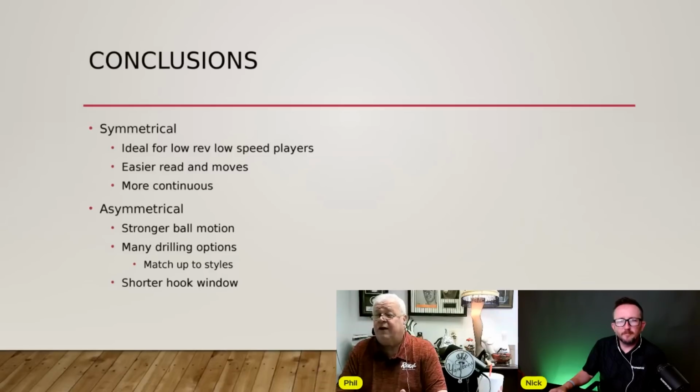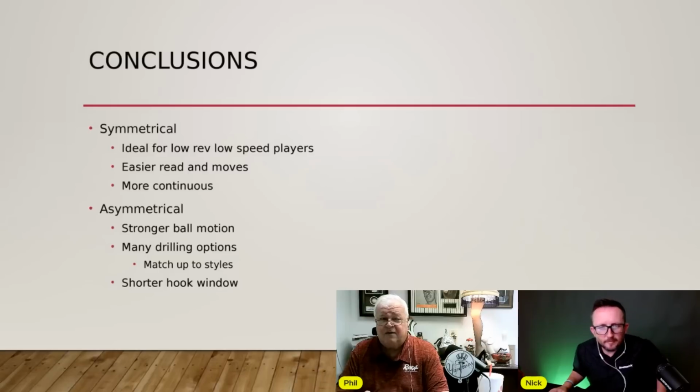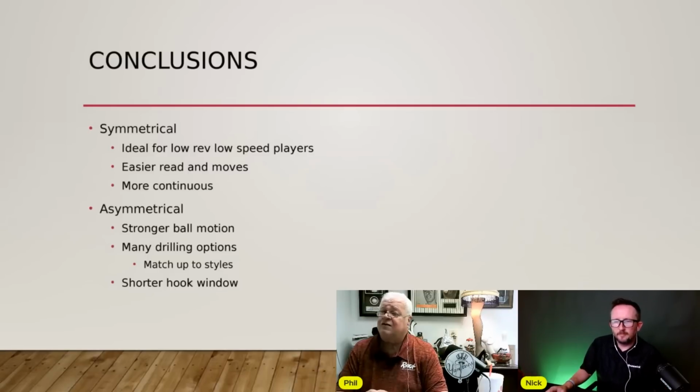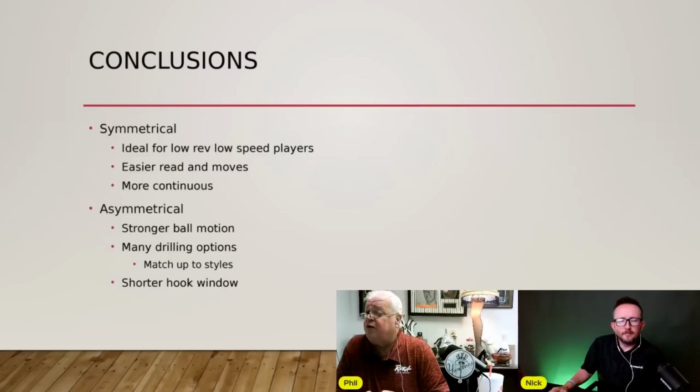They're easier to read. If you miss left with an asymmetrical ball, or for me left, for you guys right, it could go across the lane, and you move 3 left with your feet and you could never hit the headpin. But with a symmetrical ball, it's easier to read. You can make the normal moves and they are more continuous.